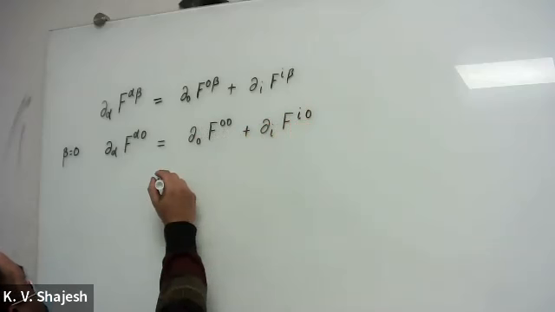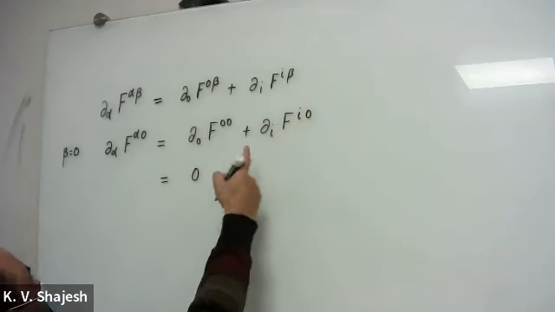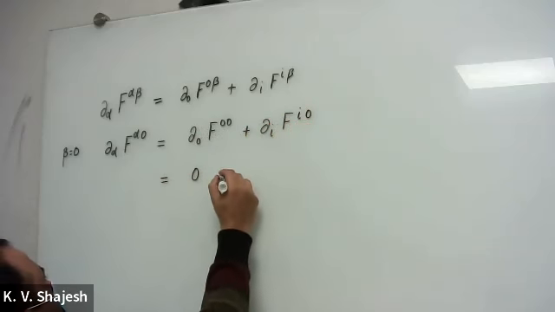F0 0 is 0, as that doesn't exist. DI is plus DI.